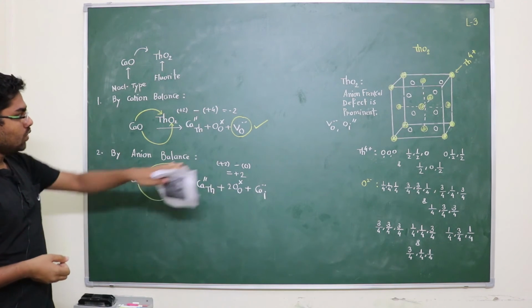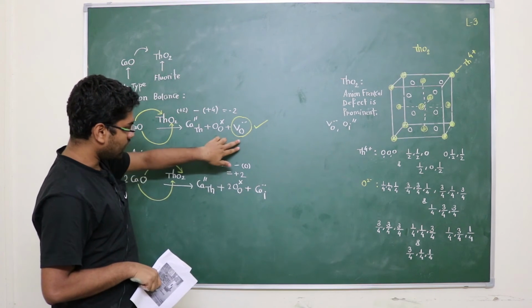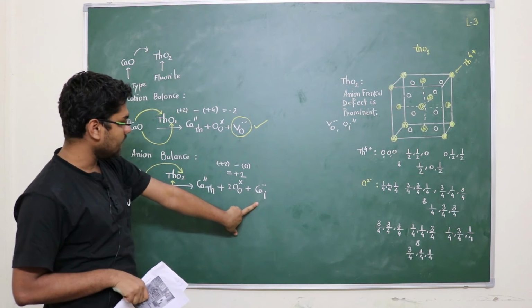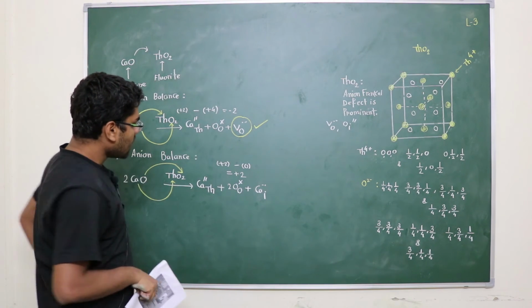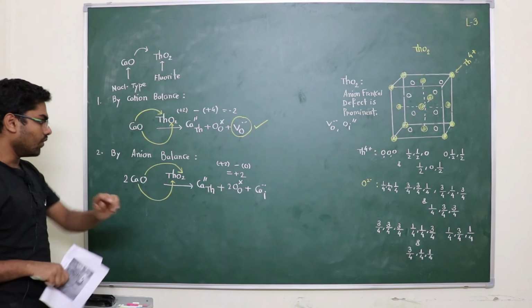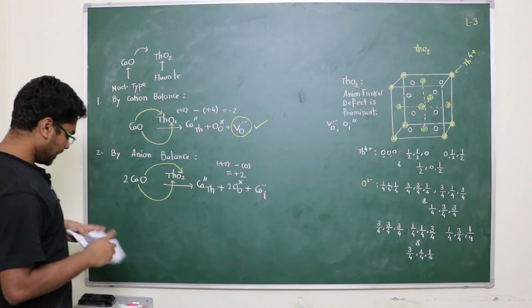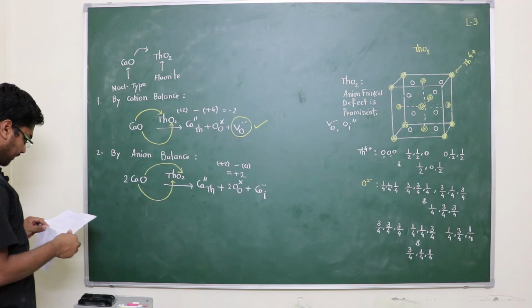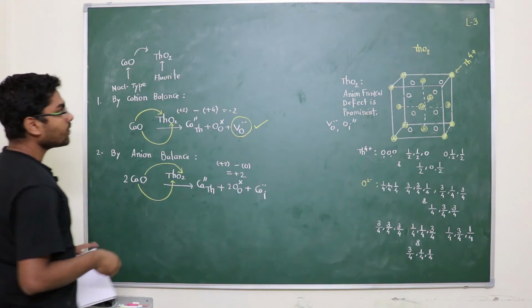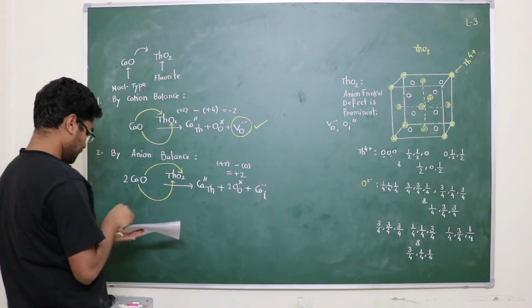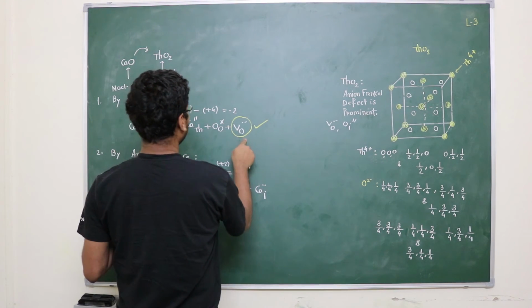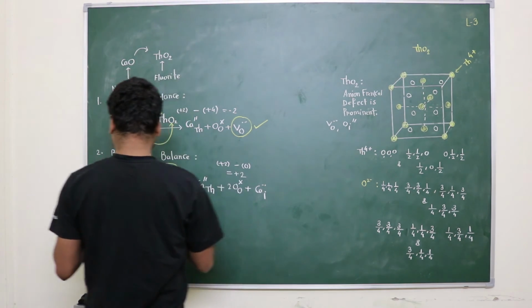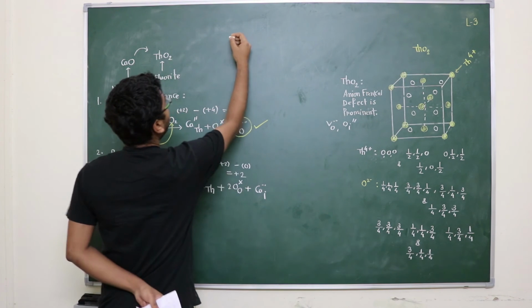Now we would like to balance this vacancy of oxygen and calcium interstitial in terms of electron or hole. So how can we write that? First we will balance the vacancy of oxygen.